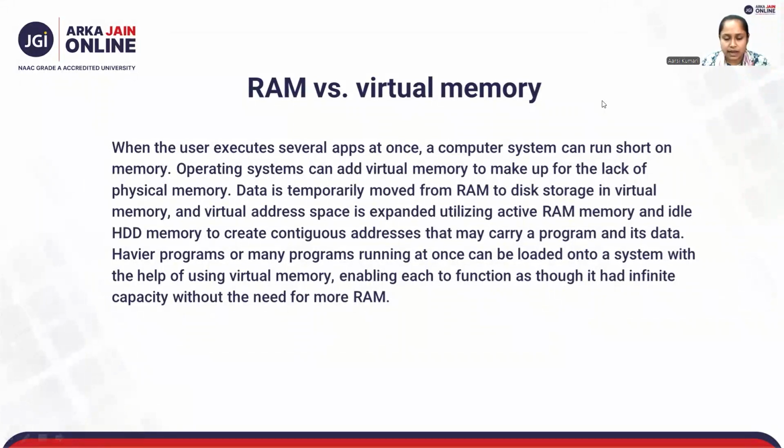Next, we have RAM versus virtual memory. When the user executes several apps at once, a computer system can run short on memory. The operating system can add virtual memory to make up for a lack of physical memory.